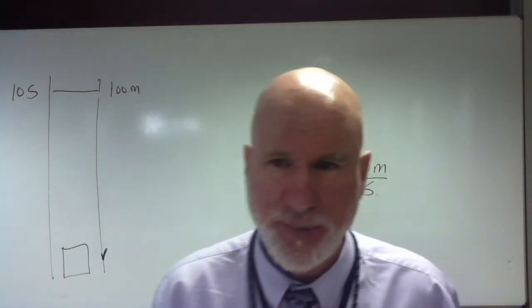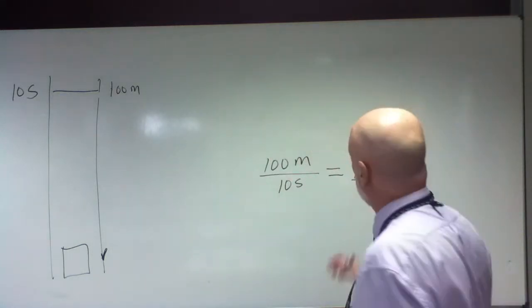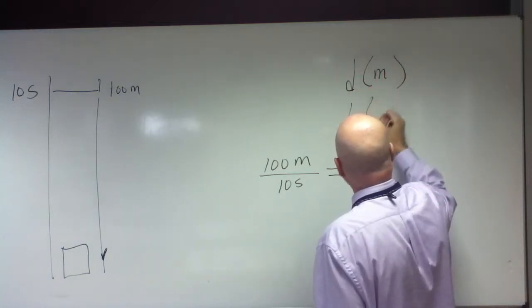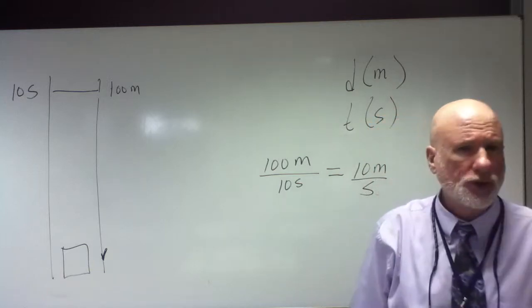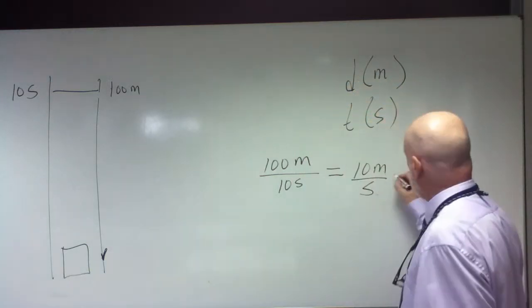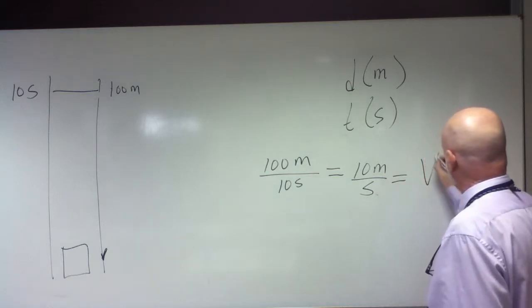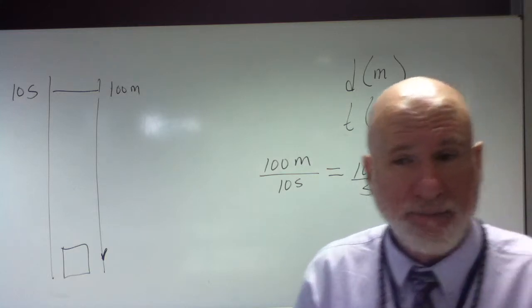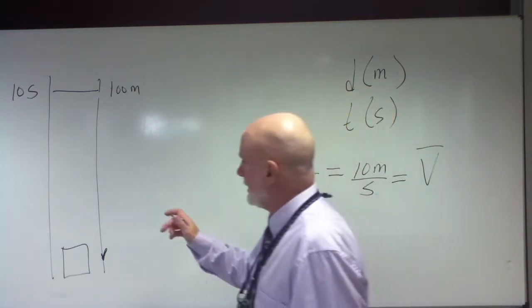We don't do kilometers per hour, believe it or not. Distance is in meters and time is in seconds. We'll do some conversions, but we'll do meters and seconds. And that is average velocity, isn't it?